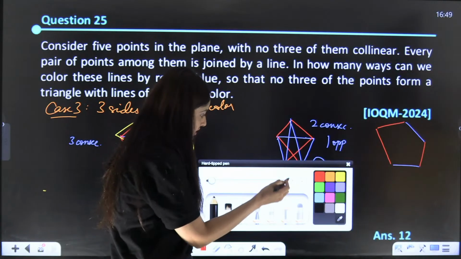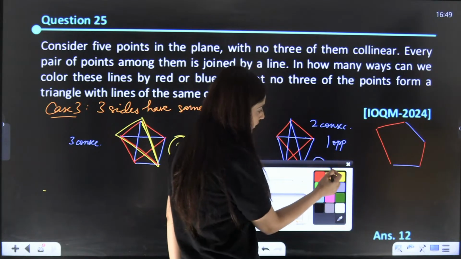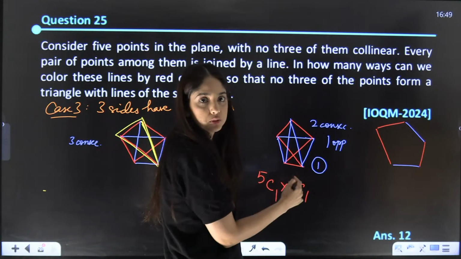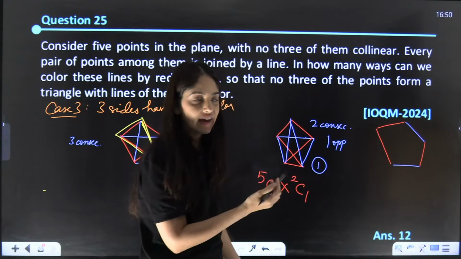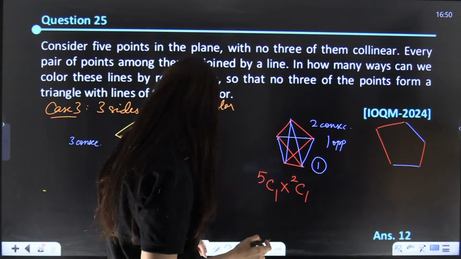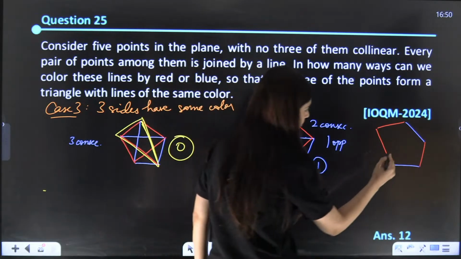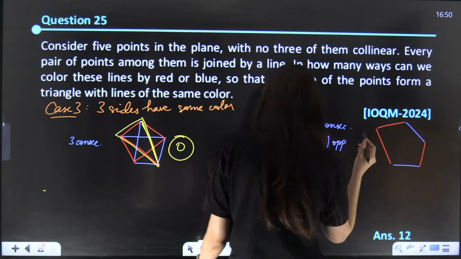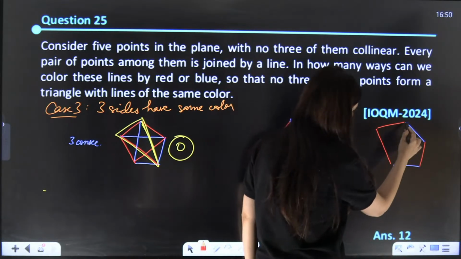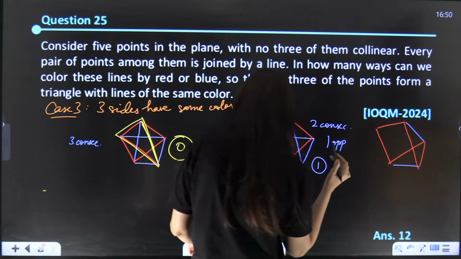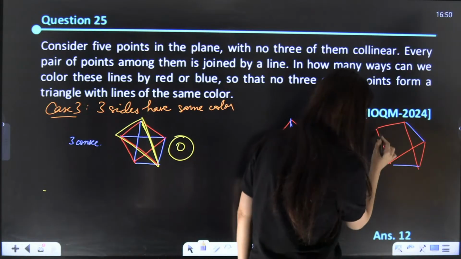And once I have this arrangement, there is only one possible coloring for the diagonals. Like this, we will have our final arrangement.